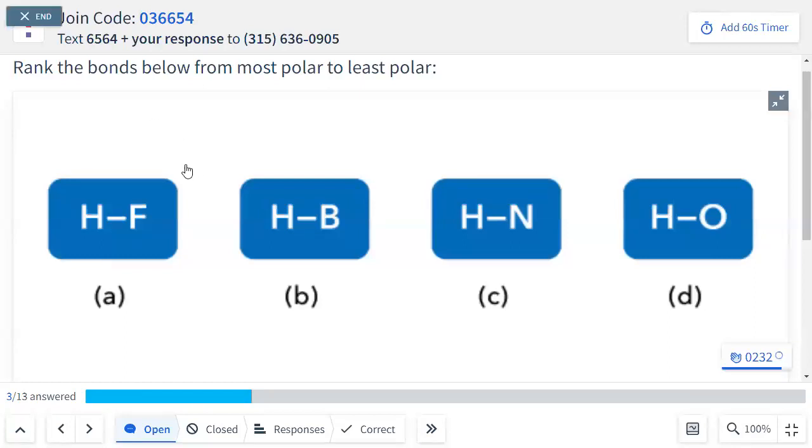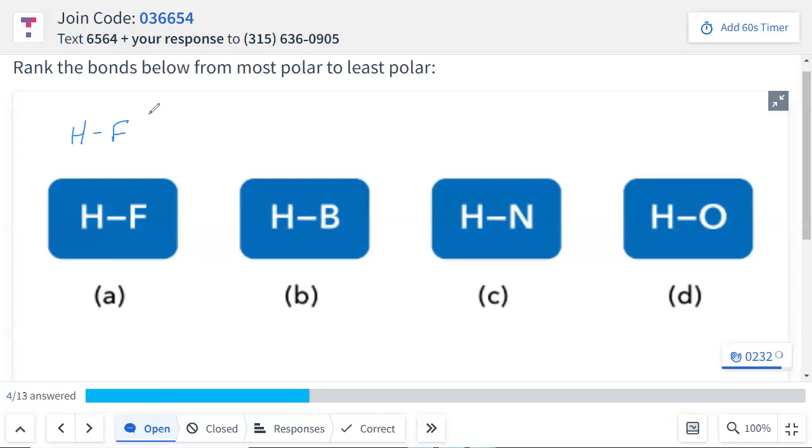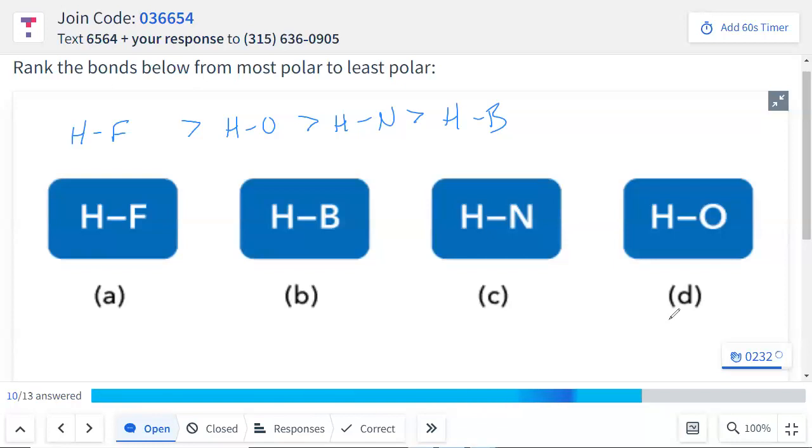So HF, since fluorine is the most electronegative element, is going to be the most polar bond. From there, we just go in order from right to left. So hydrogen to oxygen would be next, then hydrogen to nitrogen, then hydrogen to boron, since boron is furthest left and the least electronegative of these 4 elements.